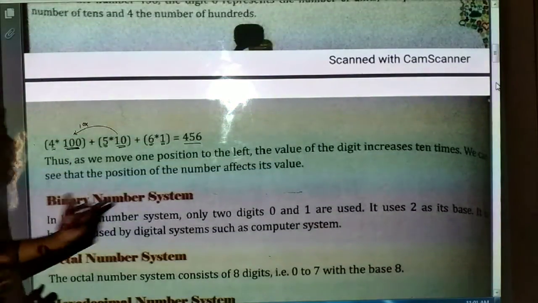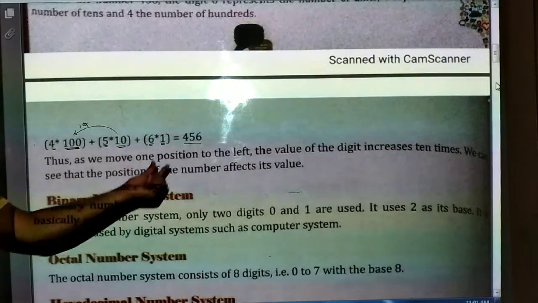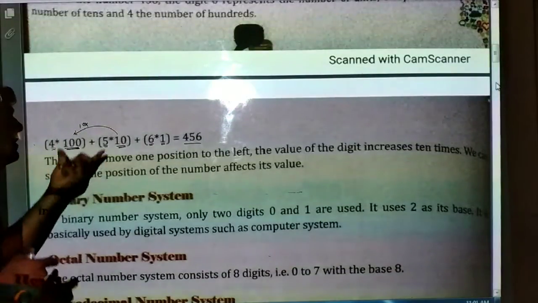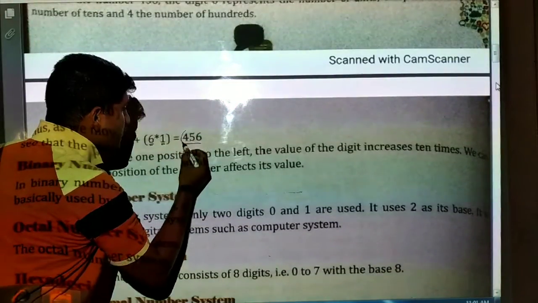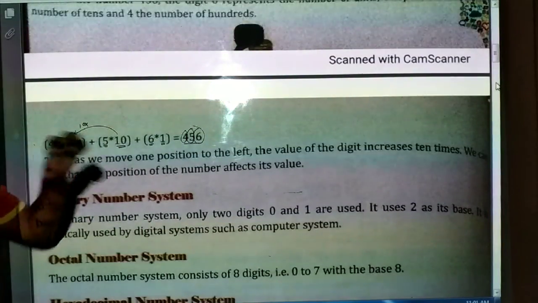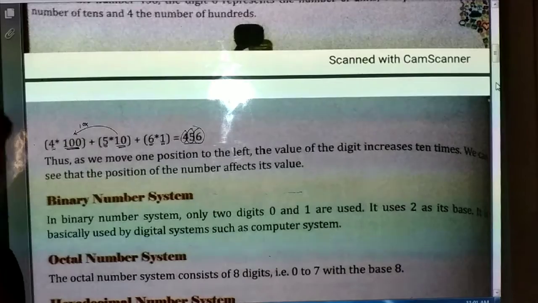So we can see that the position of the number affects its value. जो हमारी positions हैं वो भी numbers की value को affect करेंगे.